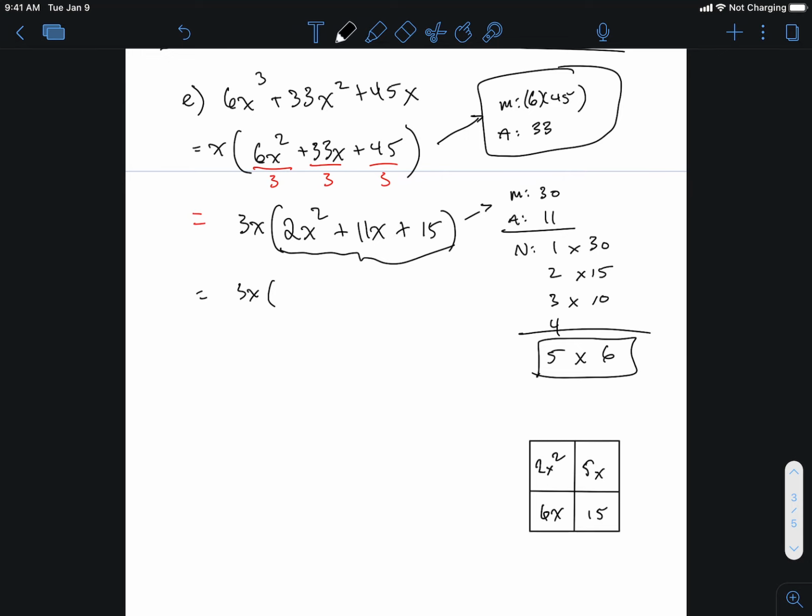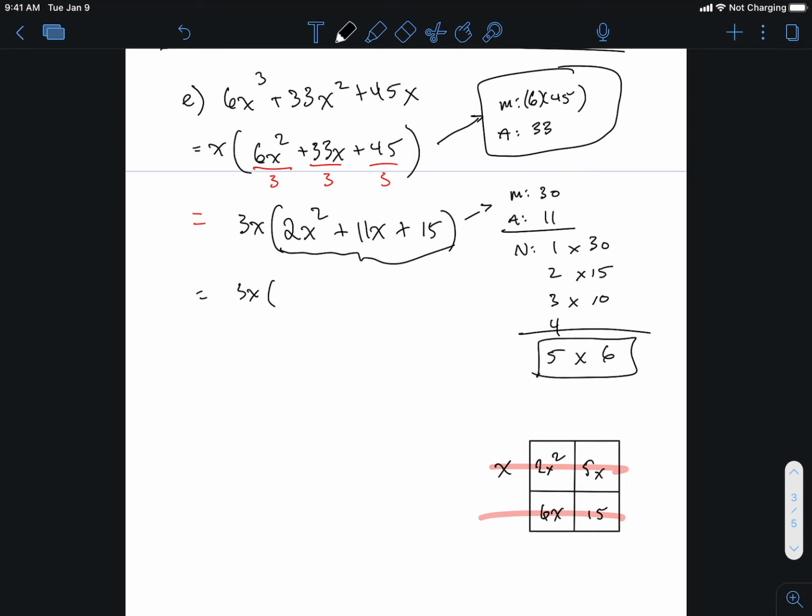Okay, here's your table. Let's start reading horizontally. What's there? What can I take out of the top row? Just an x.